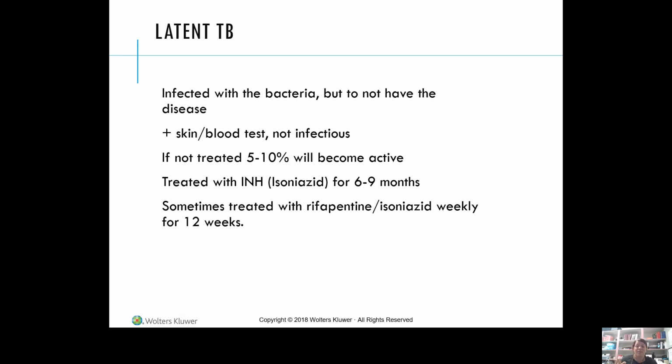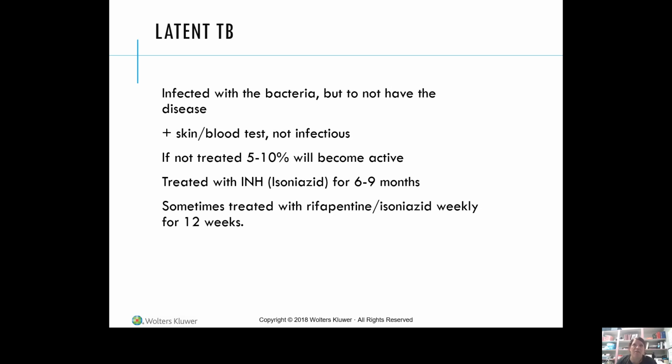Also, a lot of times if people are being treated prophylactically, preventatively, they'll have them wear an N95 mask. So technically, according to your book, and probably according to the latest guidelines from the CDC, it is not infectious in its latent stage, but it's possible.